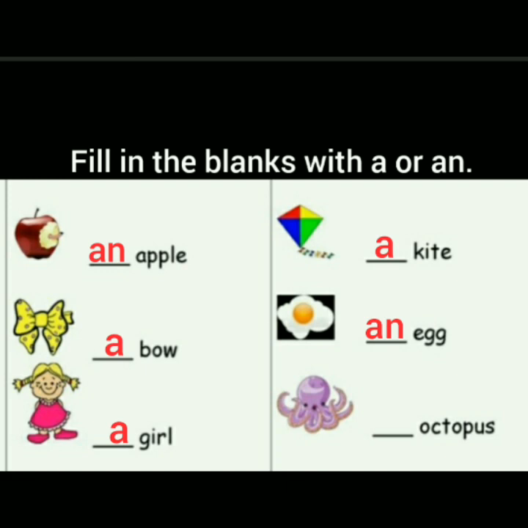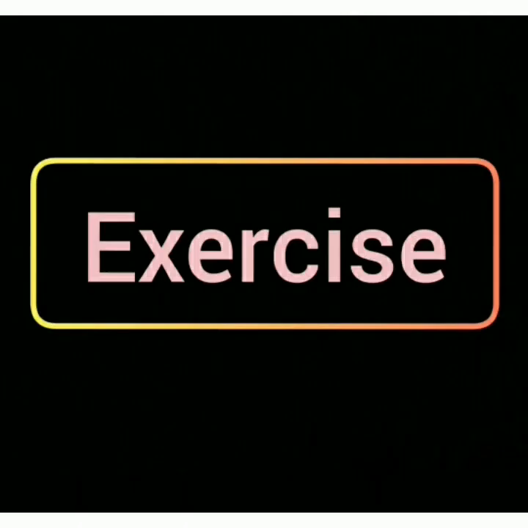Dash octopus. Kids, the word octopus starts with letter O, and O is a vowel. So we will write AN, an octopus. Kids, now let's move to the next exercise.